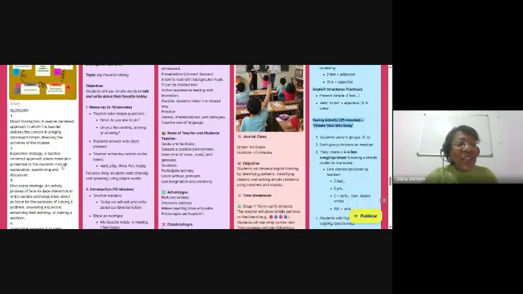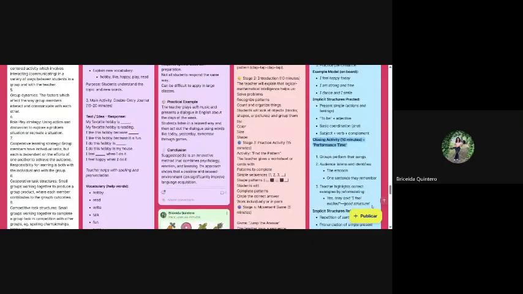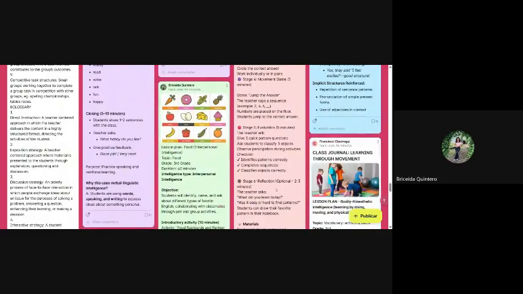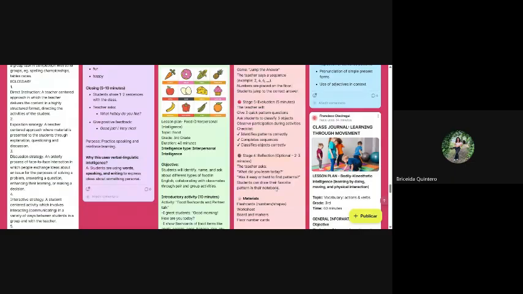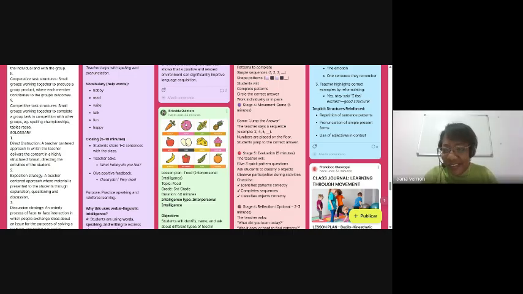Okay, what color is your work? I think that is green, the green one. Oh, my computer doesn't see like that. I don't know what color that is. Okay, let me see something.